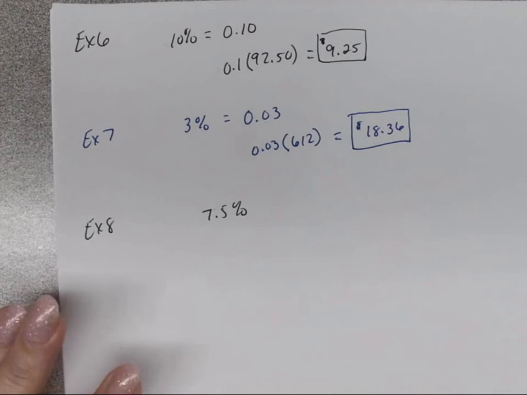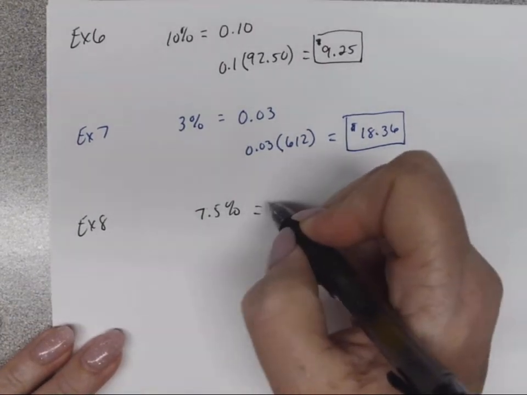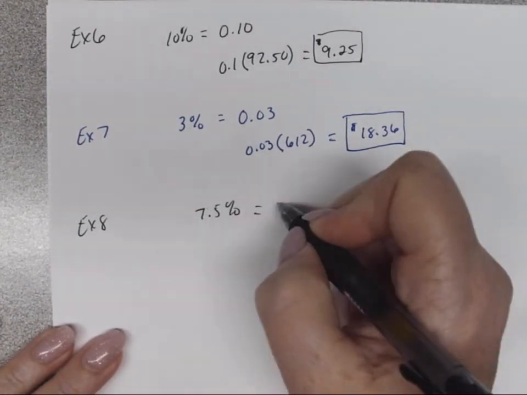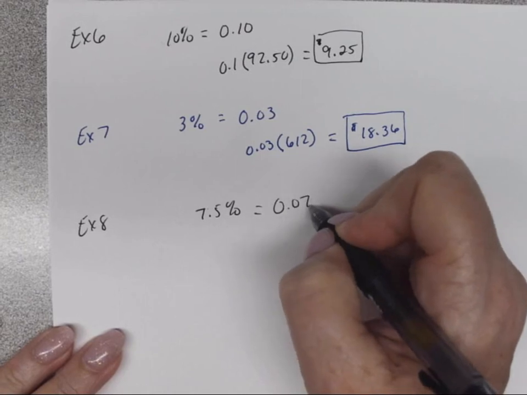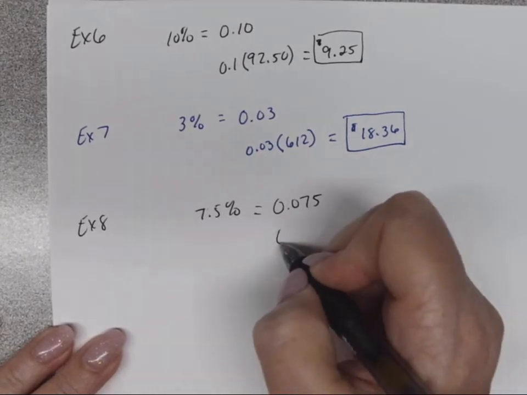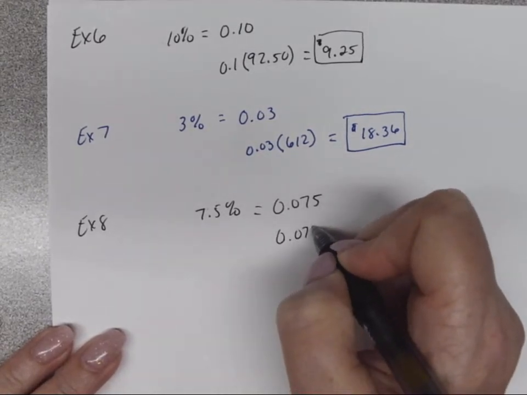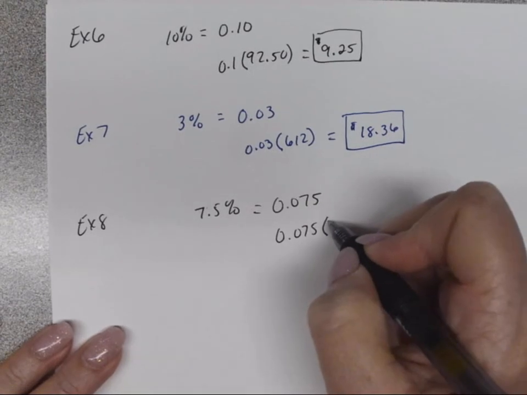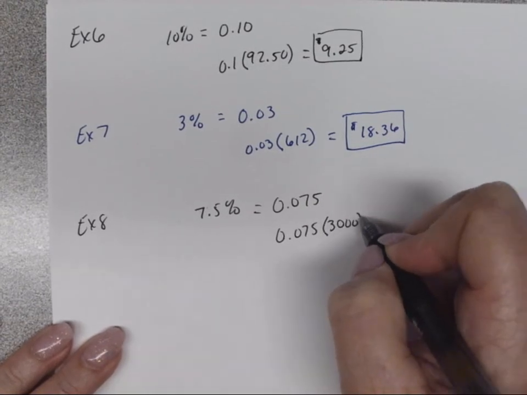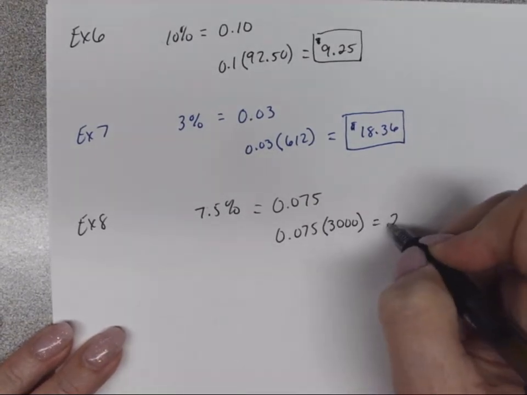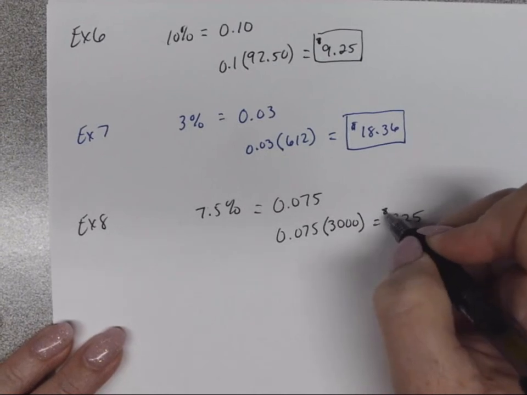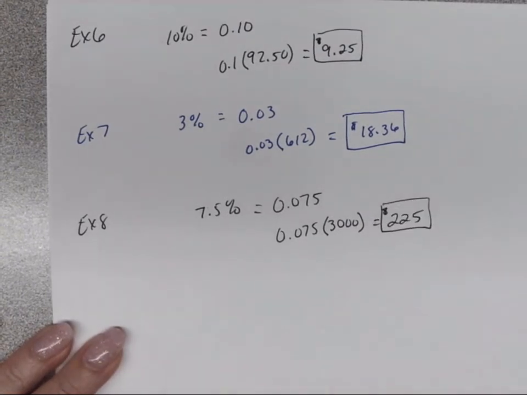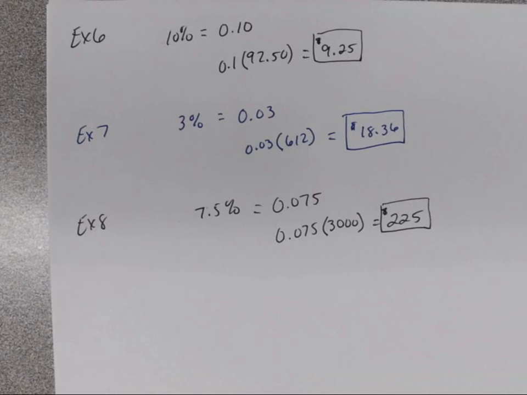First thing we have to do is change that to a decimal. Moving it over 2 places, we'll get 0.075. And then we will multiply that by our total monthly salary of $3,000. And we will put aside $225 each month into the retirement account.